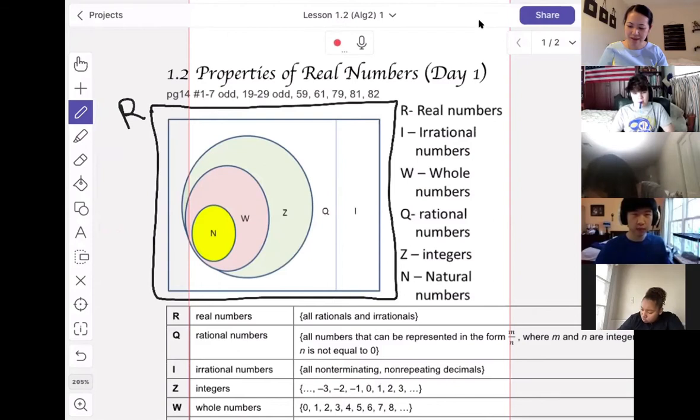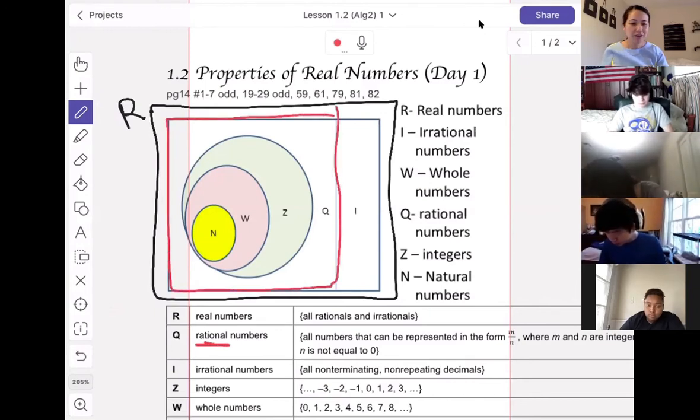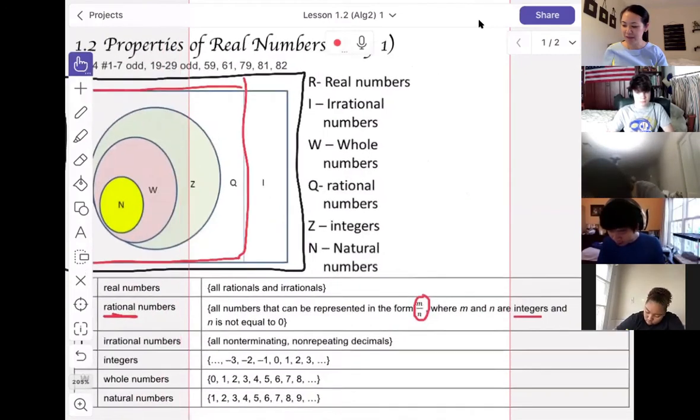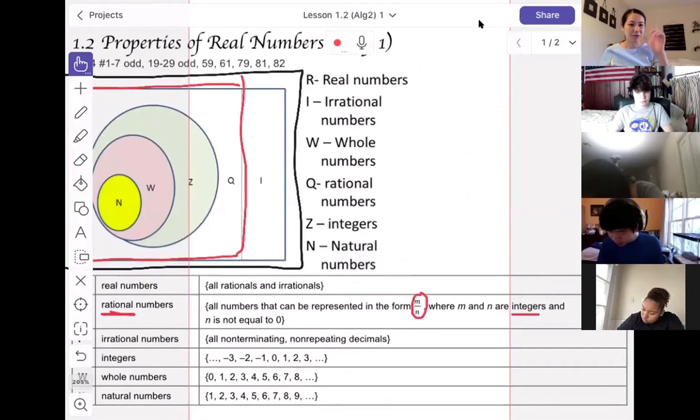And then next is our rational numbers. Our rational numbers are all numbers that can be represented in this fraction form, m over n, where m and n are integers. They have to be integers, and to be able to write it in that fraction form, that's what makes a rational number. So for example, 1/2 is a rational number.